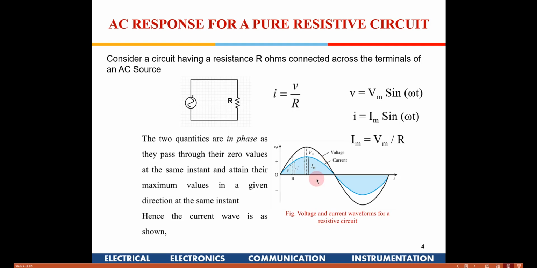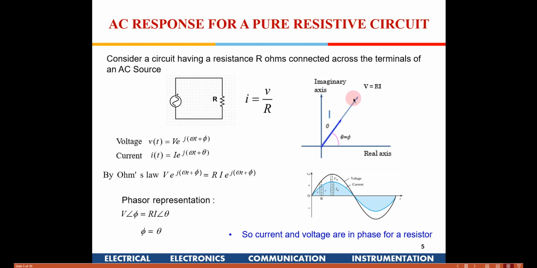Okay. So now this is the phasor representation of an AC response for a resistance when an AC signal is applied. If you see the current and the voltage, they are exactly in phase. This is a generalized way of representing the phasor diagram of a resistor.